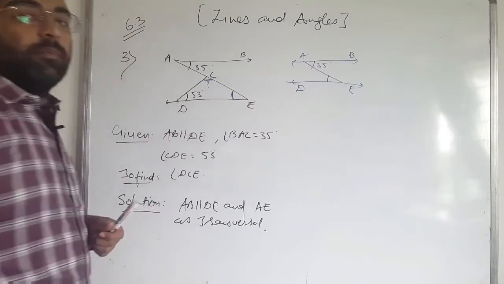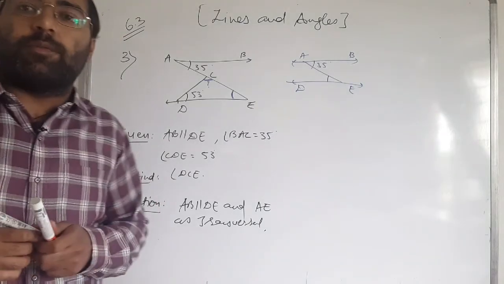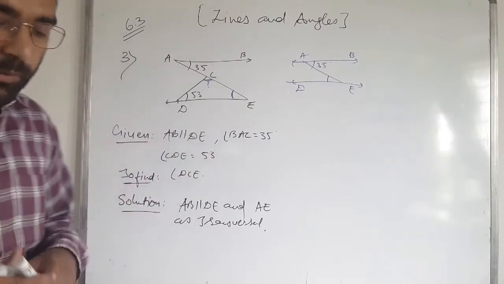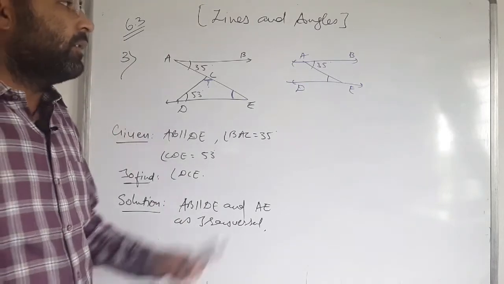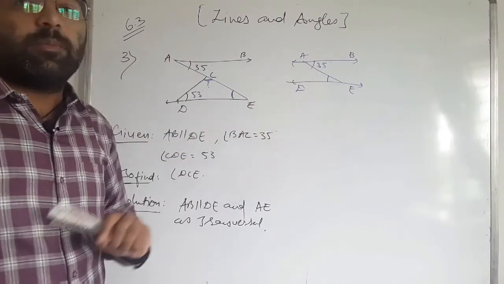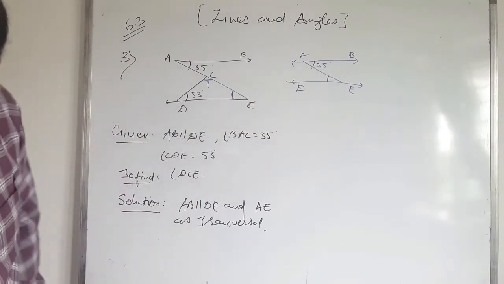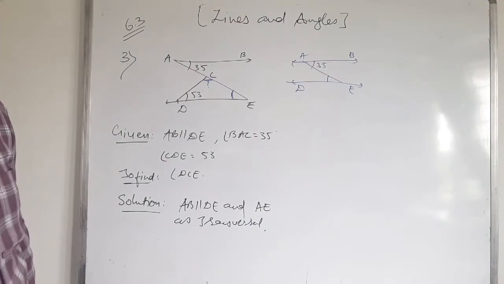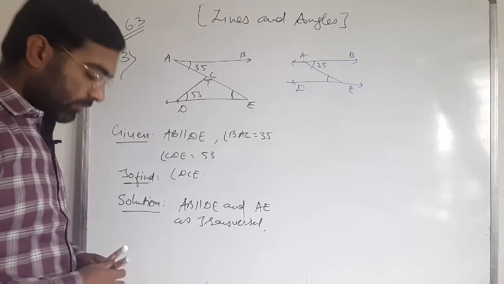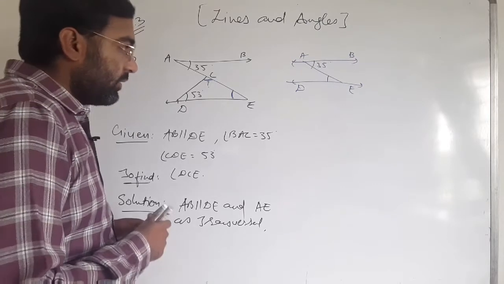Here a pair of alternate angles is formed, and we write that angle BAE is equal to angle AED. Both of them are equal.